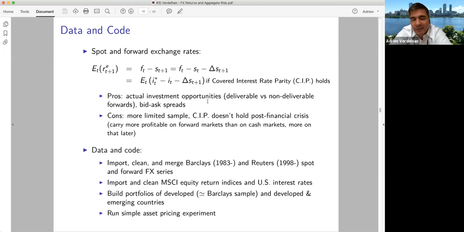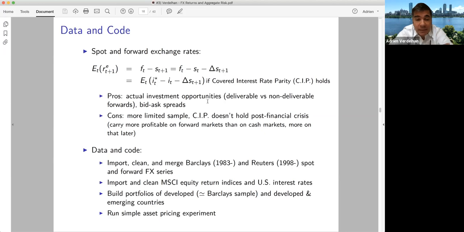And the second issue, of course, is that the CIP doesn't hold after the financial crisis. So it's a very nice point that Hanno made, that because the CIP doesn't hold, it turns out that the currency excess returns, the carry trade that I'm going to describe, is even more profitable on forward markets than on cash markets. But more on that later when Wenxin will talk about that.